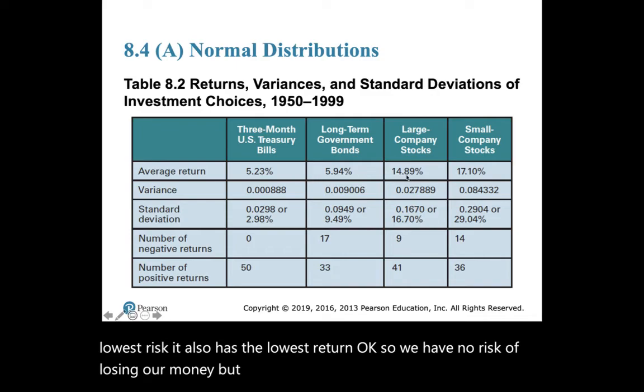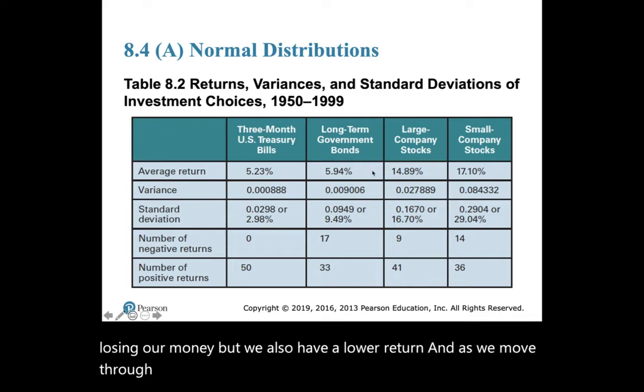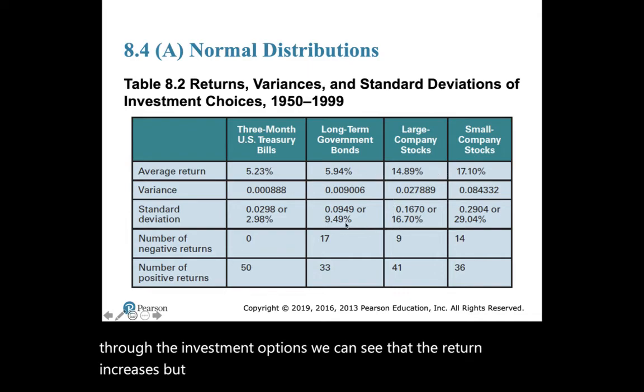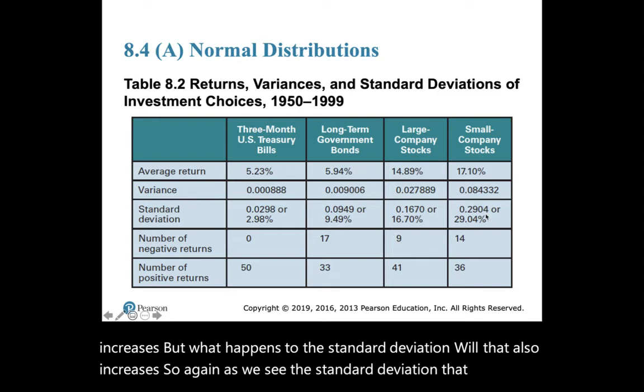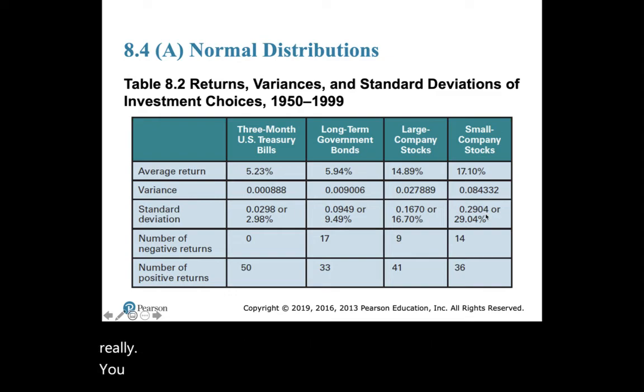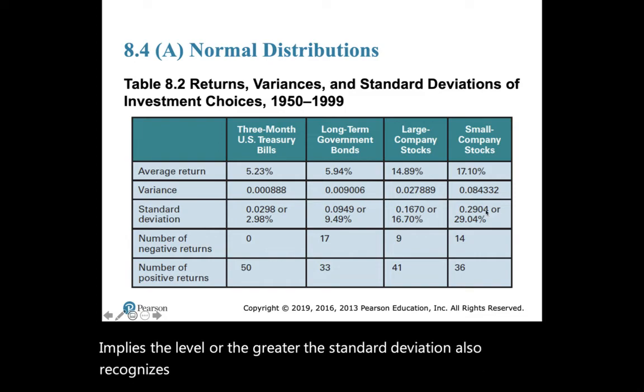And as we move through the investment options, we can see that the return increases, but what happens to the standard deviation? Well, that also increases. So again, the greater the standard deviation, the greater the risk associated.